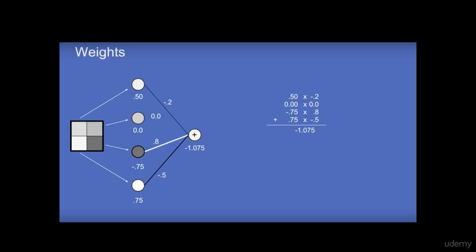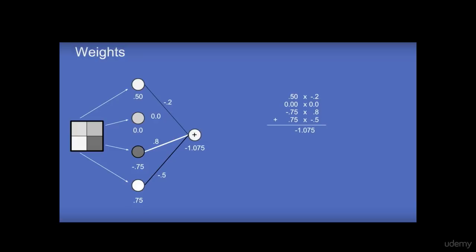As you can see here, the black line represents the negative values, which implement a darker shade of the picture, whereas the white line is thicker and represents a lighter shade of the image and a positive number.